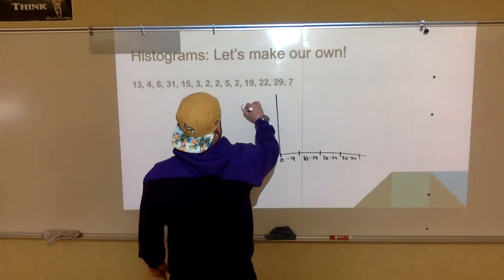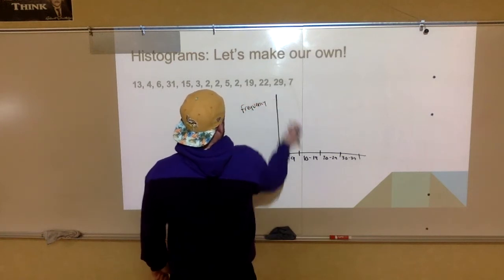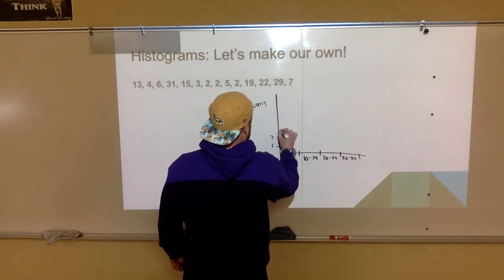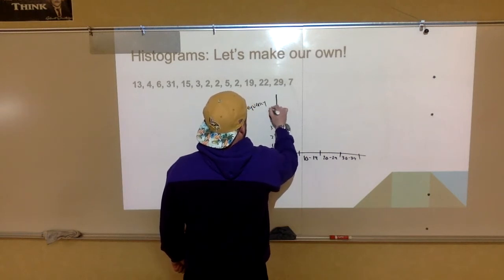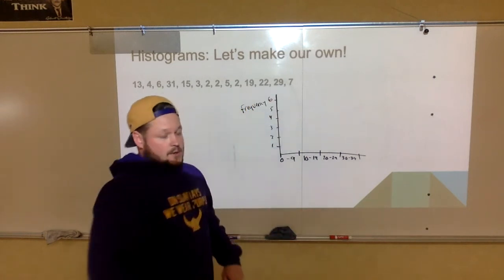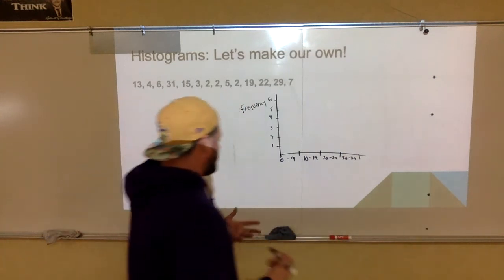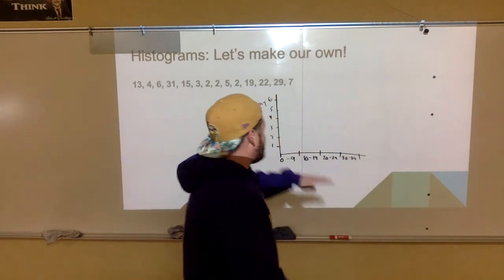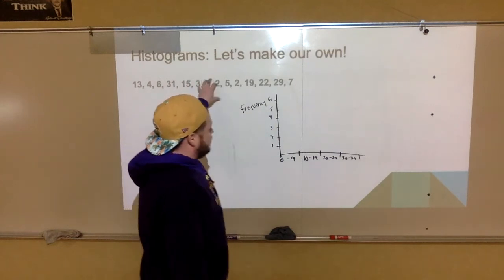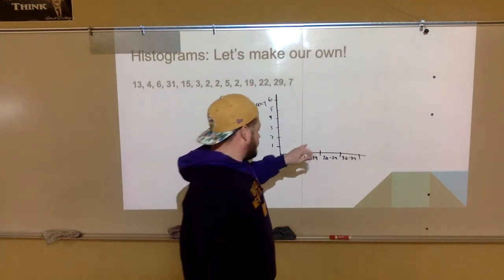So we're just going to go frequency up here. And I'm just going to go 1, 2, 3, 4, 5, 6. I can't imagine there being more than 6 numbers in any one number range. So here we go. I'm going to count through here, and I'm going to see how many of these numbers are between 0 and 9.